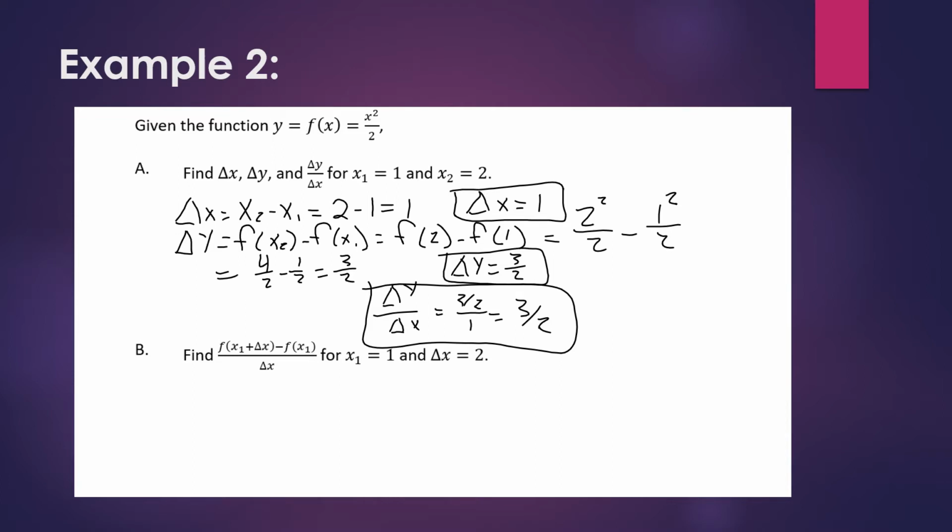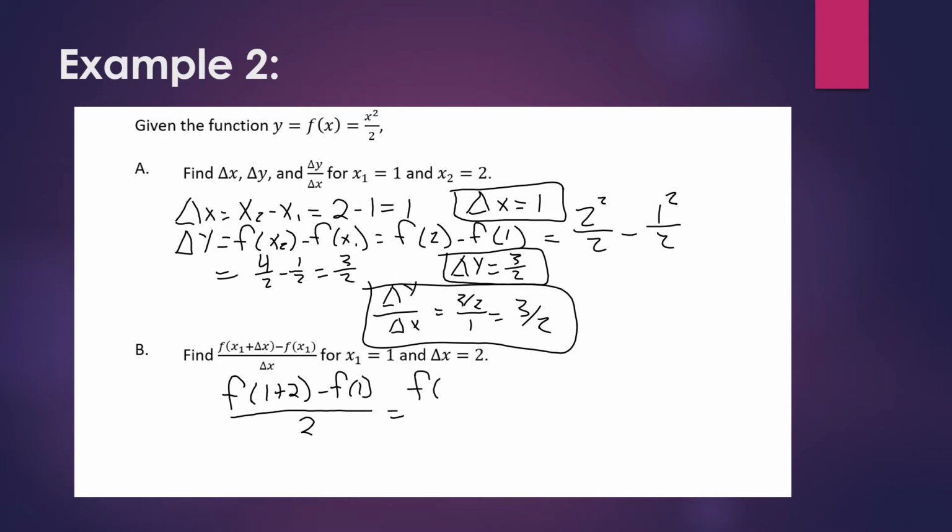So for part 2, they say find f of x1 plus delta x minus f of x1 all over delta x when x1 is 1 and delta x is 2. So this looks harder than it really is. I know all these values, so it's going to be f of 1 plus 2 minus f of 1 all over 2.